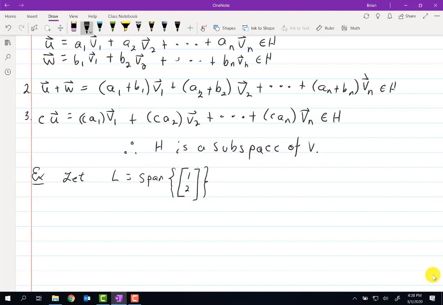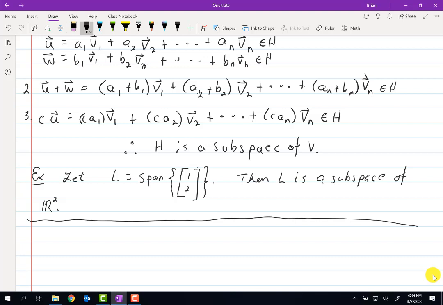Suppose L is the span of (1, 2). Then L is a subspace of R squared by the previous theorem. I don't have to do anything else.